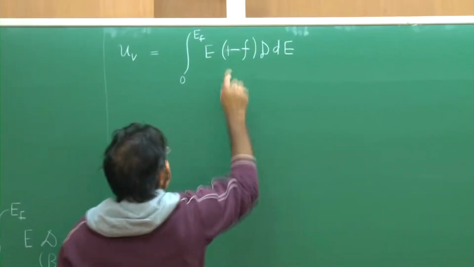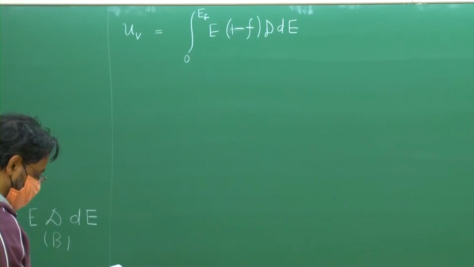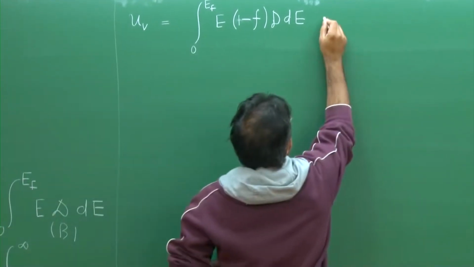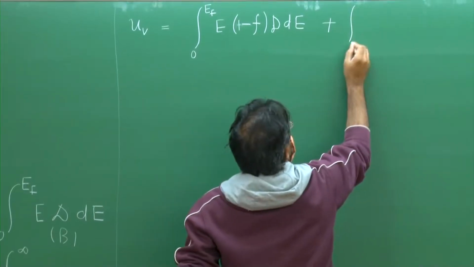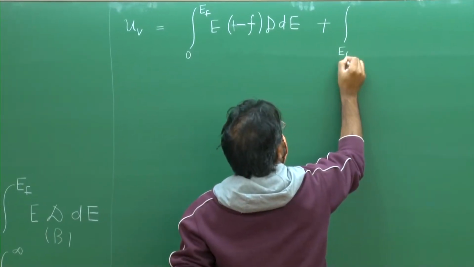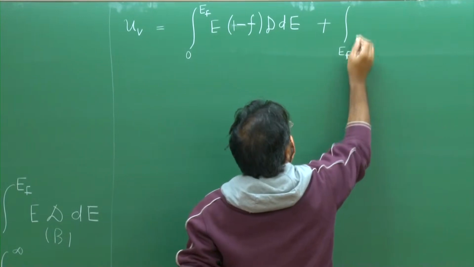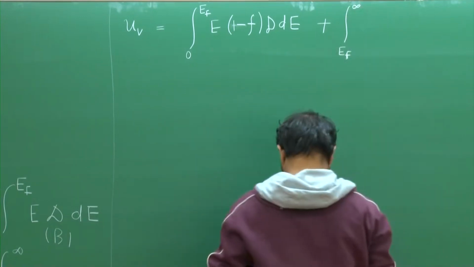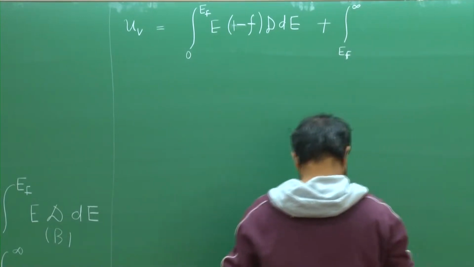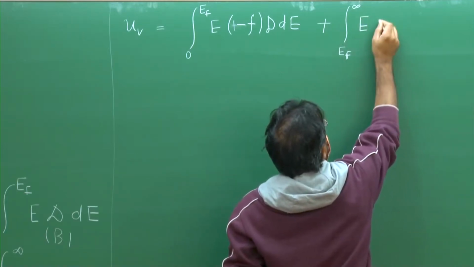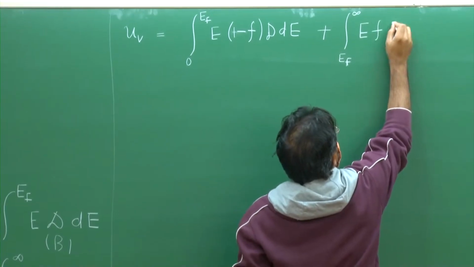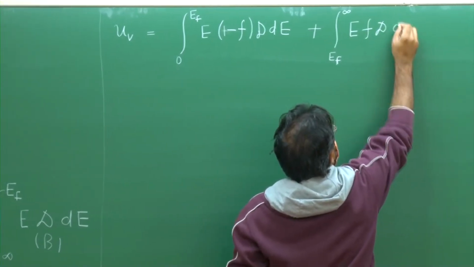So, all this is included here, plus you get the second part, which is the A2 itself, which is integral EF to infinity EF d dE.